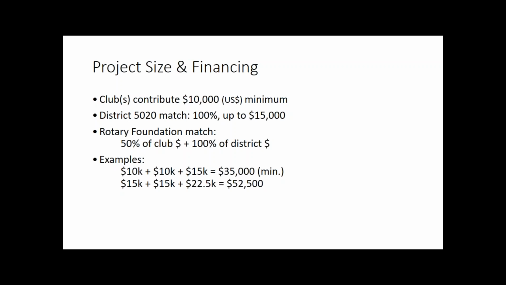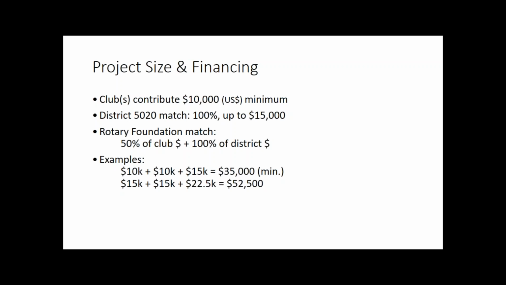The district matches 100% up to $15,000. We cap DDF at $15,000. The reason we do that is so that we can approve more and more grants. We want your clubs, all of your clubs, we have 90 clubs, we want you all to have the opportunity to participate in these grants.